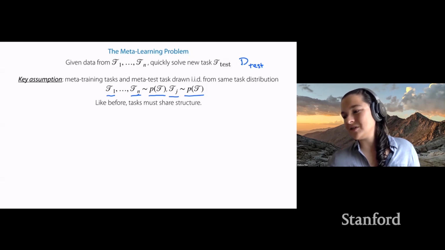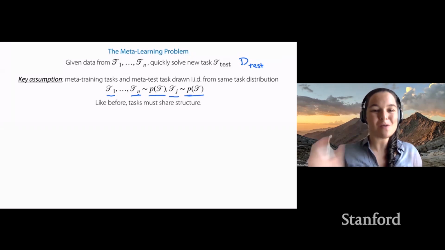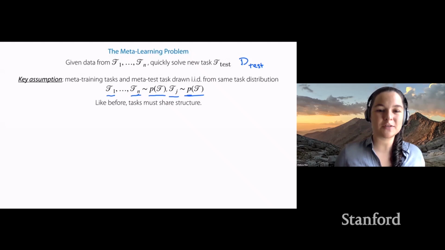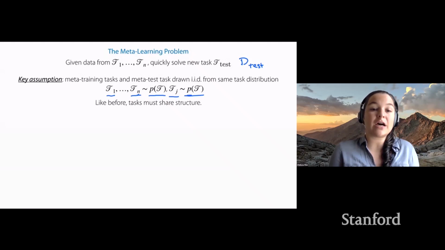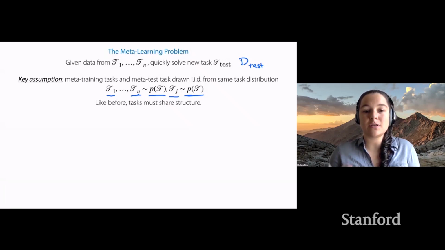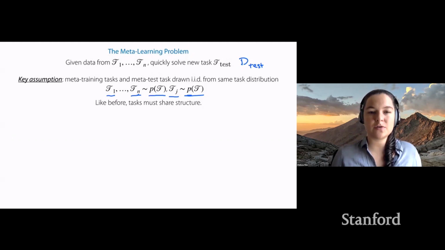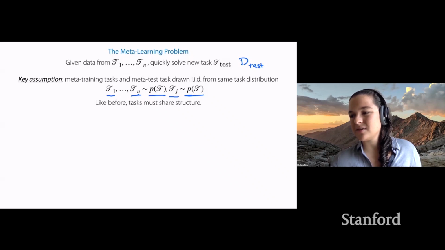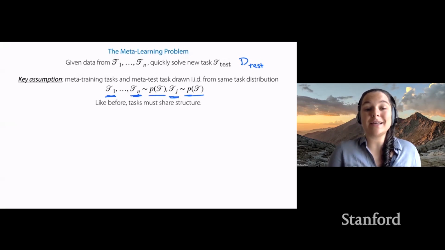If this distribution P is the distribution over all possible tasks and you're just drawing random tasks from it, there's no structure that you can latch onto to learn the new test task more quickly. Instead, what meta-learning aims to do is find the common structure among all of the training tasks and leverage that structure when learning the new task so that it could learn it with less data than if it were training from scratch.